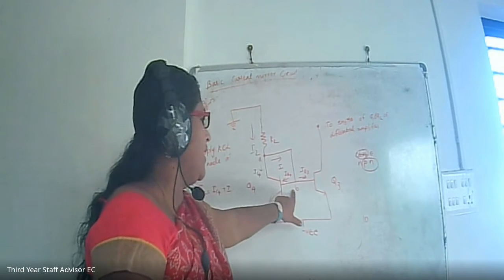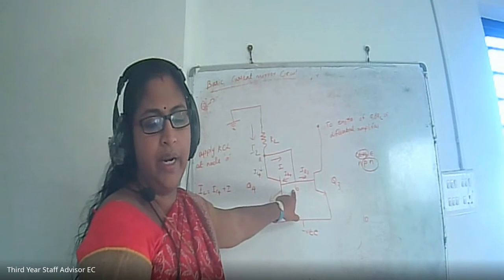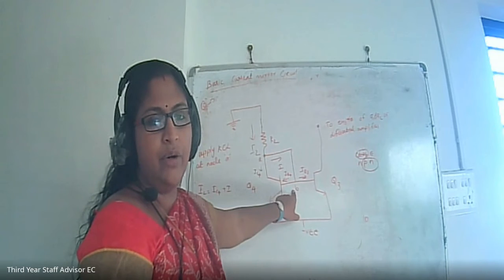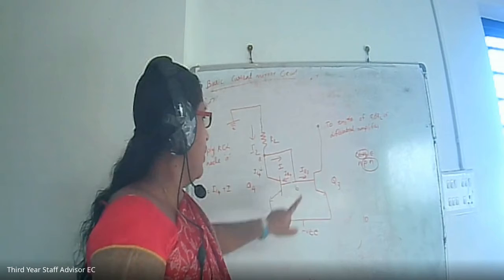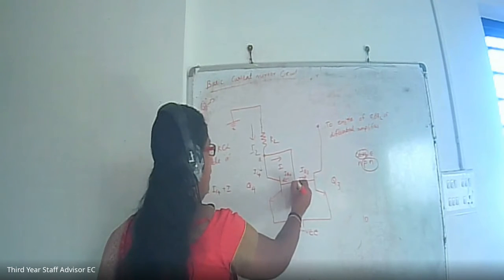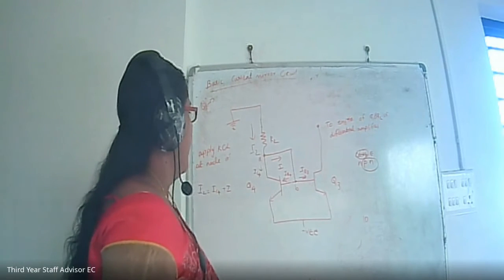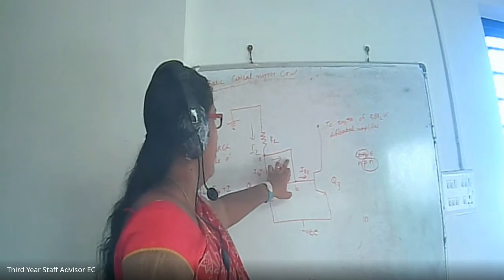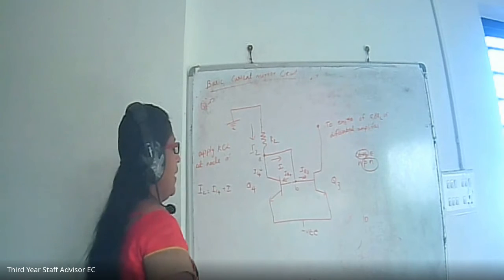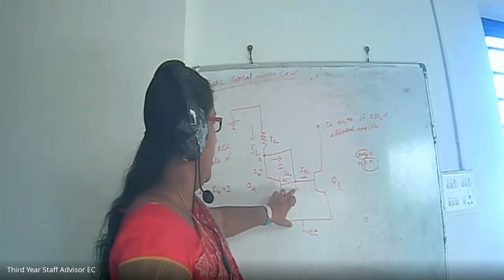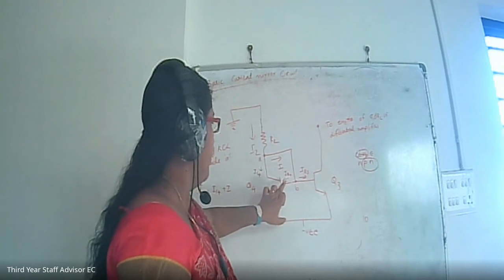Similarly, we can apply the KCL equation at node B also. You can write the equation. What are the currents at node B? See, here is node B. What is the current coming to this node B? I is the current coming to this node B, and it will be split into IB4 and IB3.